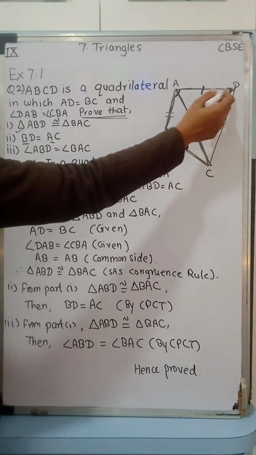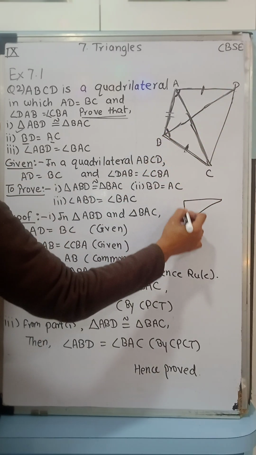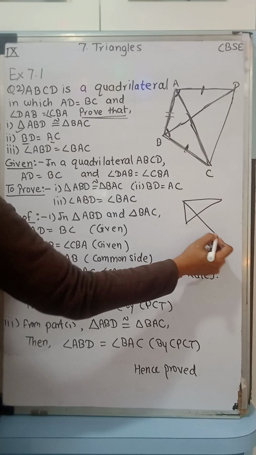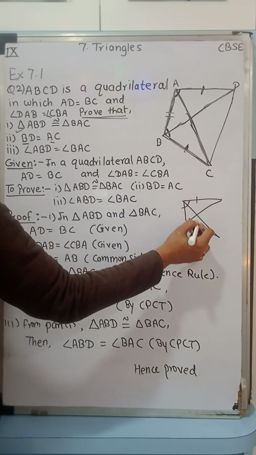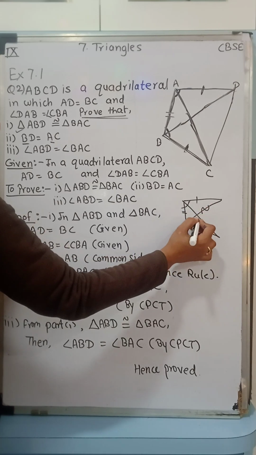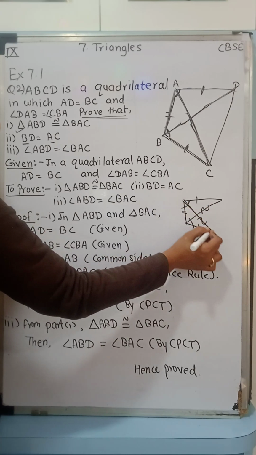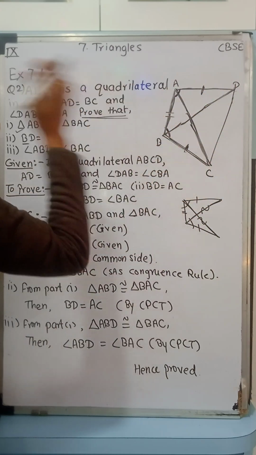I'll just draw the other triangle so that it will be much clearer. This is the common side, and we want to show that this side is equal to this side.